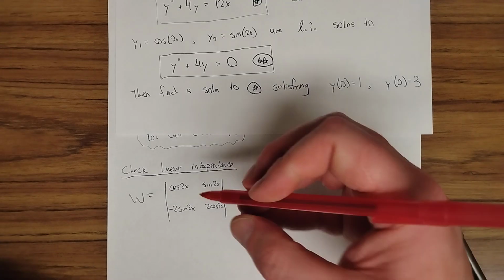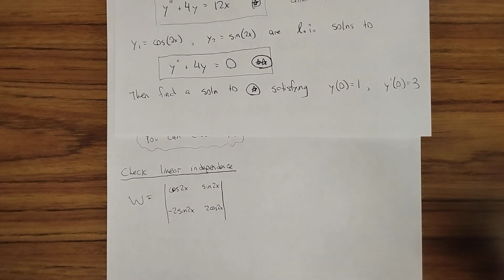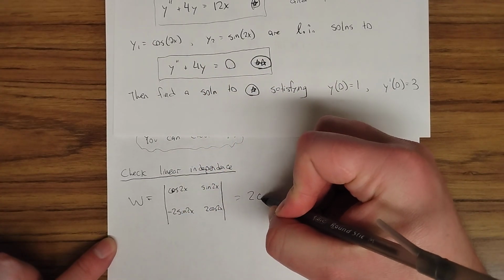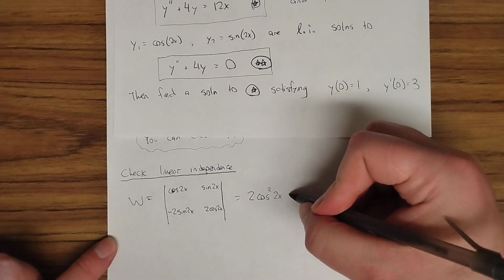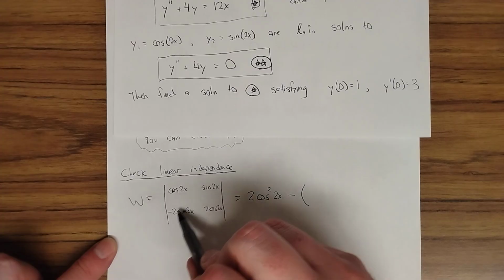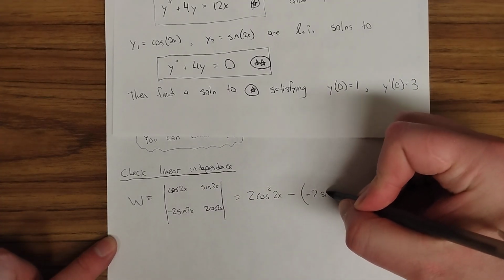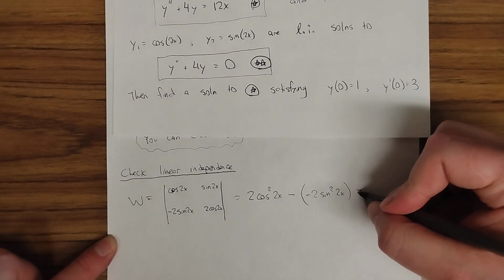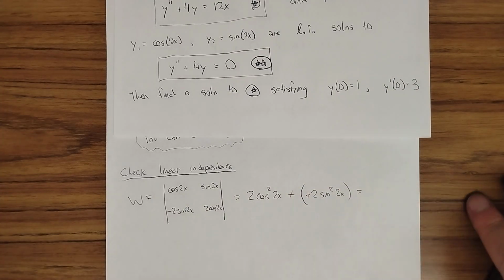And 2 by 2 determinants are easy. I go like that and then like that. So I multiply these. I'm going to get 2 cosine squared 2x minus, and then I go that times that. So that's a negative 2 sine squared 2x. And of course, minus minus makes a plus.